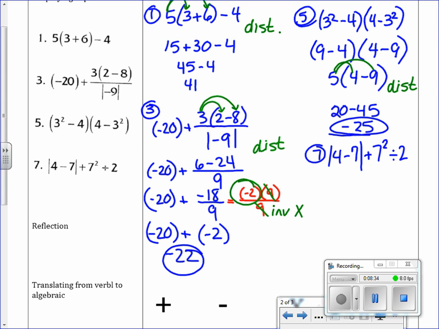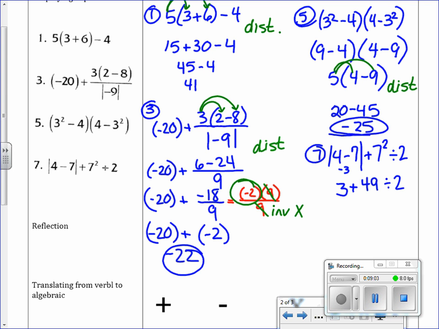So I have the absolute value of 4 minus 7. 4 minus 7 is negative 3, so the absolute value of negative 3 is 3. That's our grouping symbol. Well, because there's a plus sign separating my grouping symbol and my exponent, if it's okay with you, I'm going to go ahead and do that 7 to the second power as well and make that 49 divided by 2.